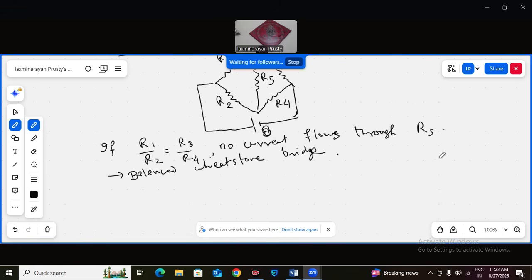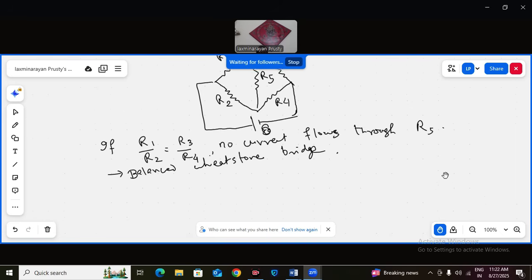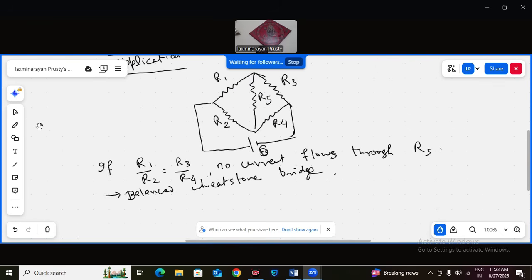If we ask you to calculate the equivalent resistance for this, the total current in the circuit branches into I1, I2, then I3, I4, I5, like this.